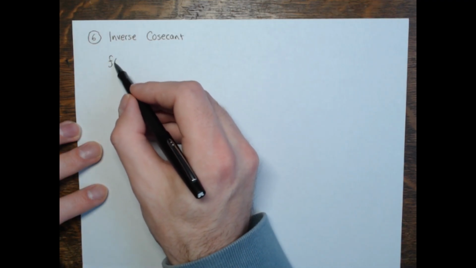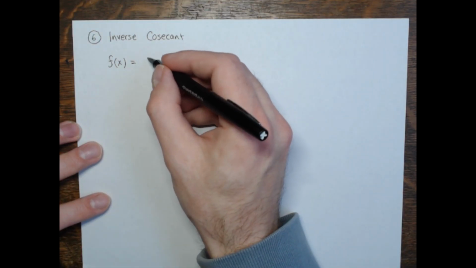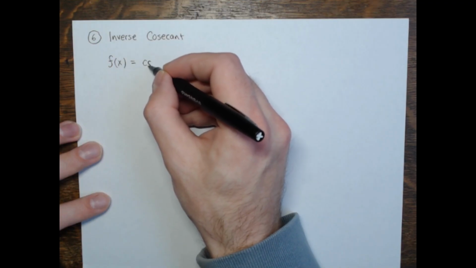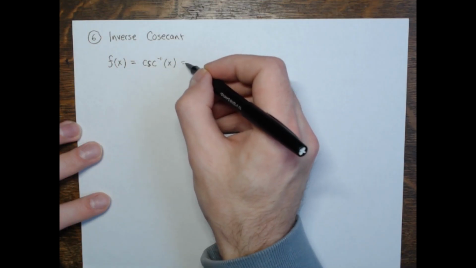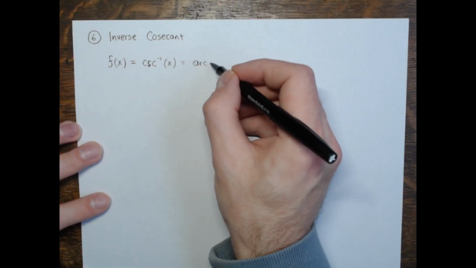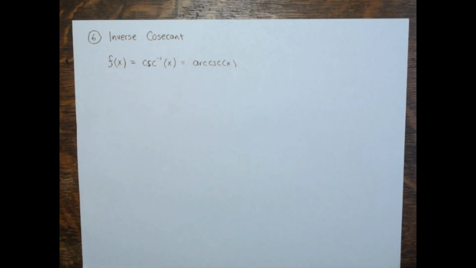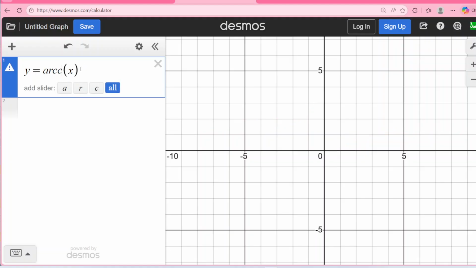So again, the function I care about, the one I'm calling f here, is inverse cosecant, right? So csc with the little minus 1 of x, or arc cosecant of x. Another refresher as to what that looks like. So it's changing sec to csc.